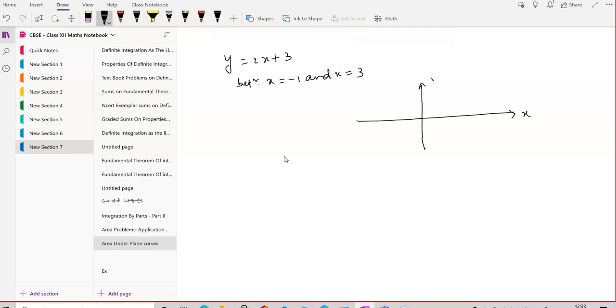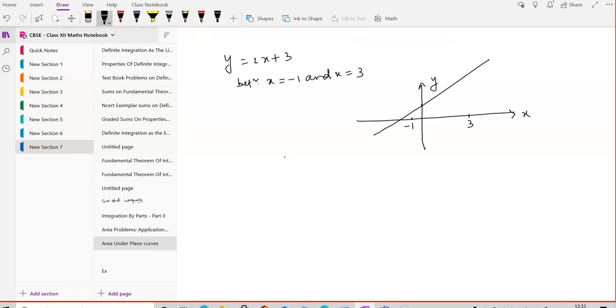So first I told you we will plot this. All of you can plot y equal to 2x plus 3, something like this. Slope is equal to 2, y-intercept equal to 3. You are going to find at which point it will intersect: minus 3 by 2, 0. So this is somewhere like minus 1 and this is 3.